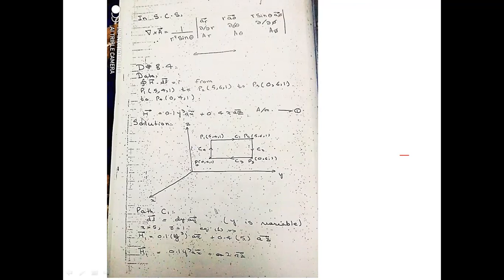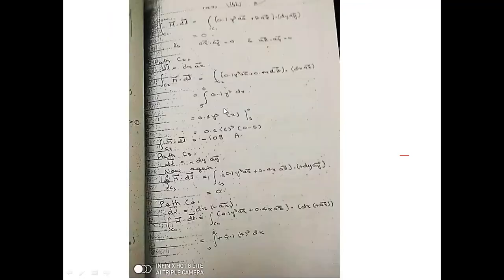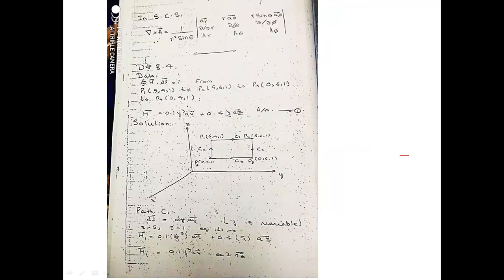Now H is also given: H is equal to 0.1 y cubed ax plus 0.4 x az. As the x value is fixed, directly put the x value over here, x is 5. Replacing x, we get 0.4 times 5.